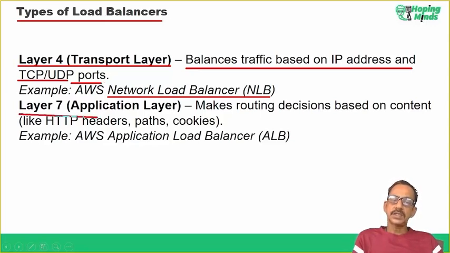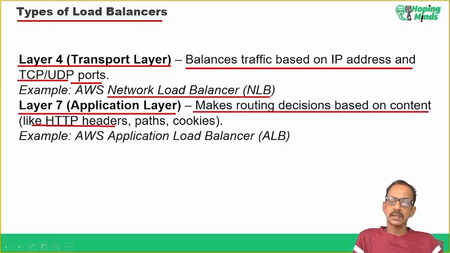Second is the application load balancer, which is in layer 7. Layer 7 means the application layer. It makes routing decisions based on content like HTTP headers, paths, and cookies.